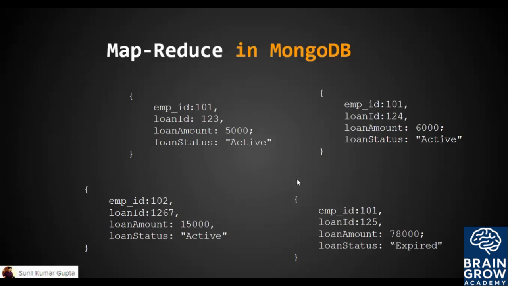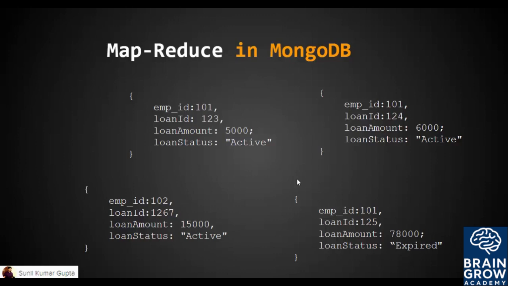What we are going to do in this example is find the per-employee active loans. First we use the map function to find employees and their active loans, meaning the employee ID and the loan ID.